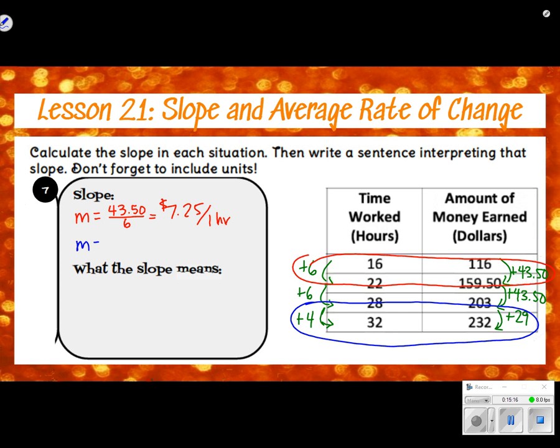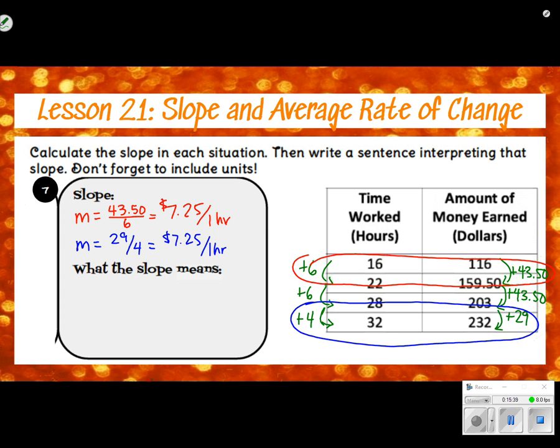So m equals 29/4, which is 7.25 per 1 hour worked. Even though I don't experience the same repeated addition each time in both the y and the x, I still have a linear function because those slopes do reduce down.